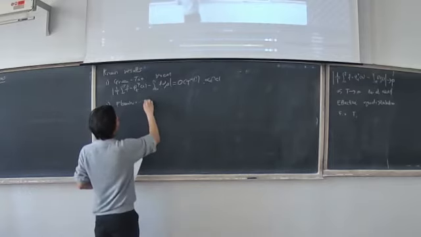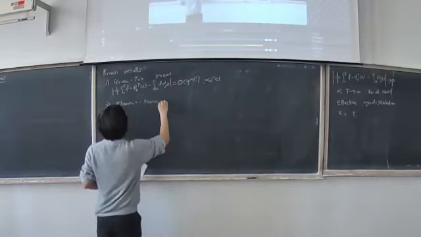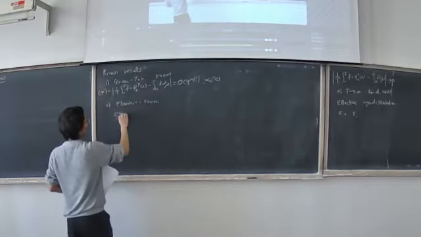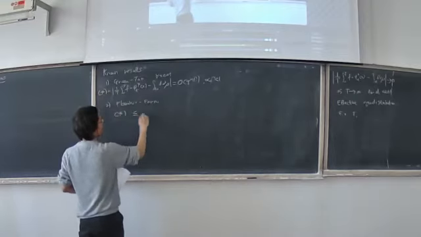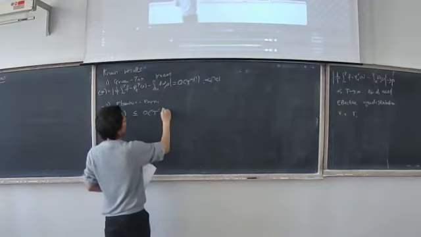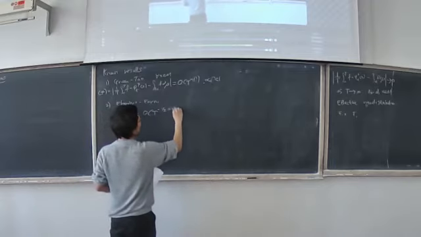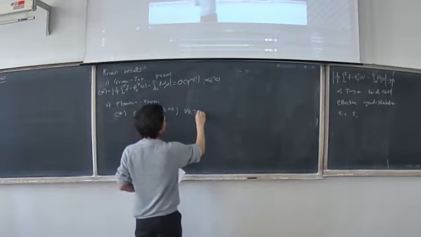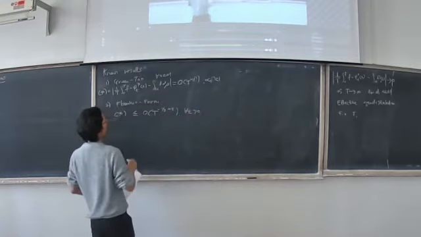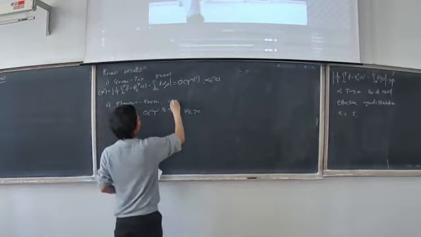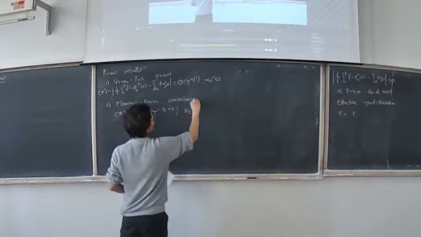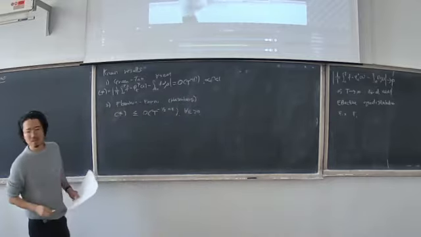Flaminio-Forni also proved, for the Heisenberg case only, that this bound is actually optimal.